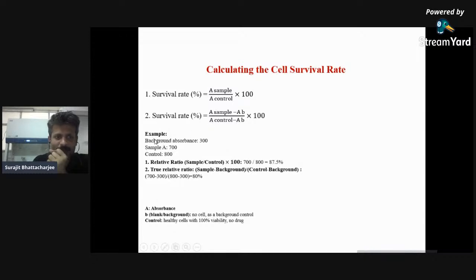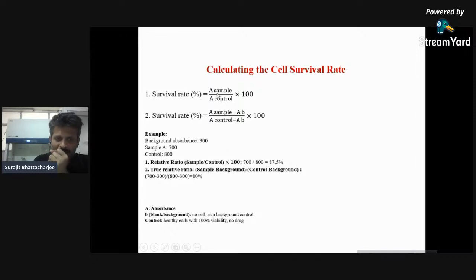And here, if we have a background absorbance, that is when we sometimes add MTT in a blank medium, to remove the background effect, we can use this formula, that is the OD from the sample minus absorbance, and from the OD in the control set minus absorbance, into 100. So this is the formula which we generally use when we have a background absorbance.